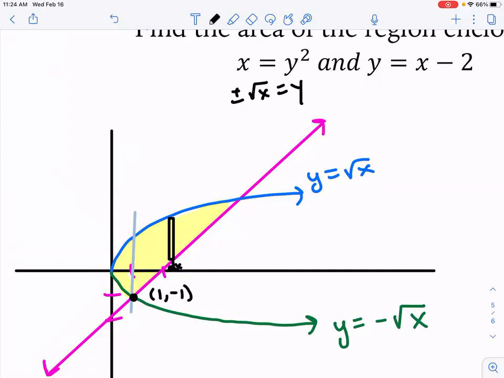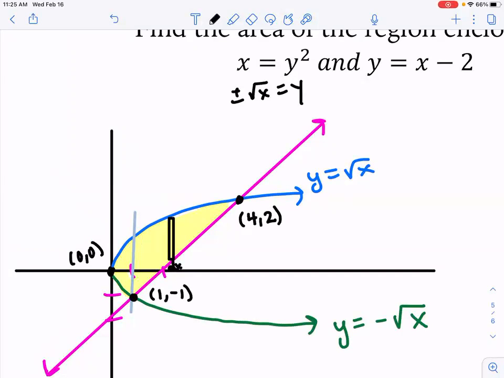Can we agree that this is 0, 0? What's this coordinate right here? Let's try 4, 2. 4 equals 2 squared. 2 equals 4 minus 2.